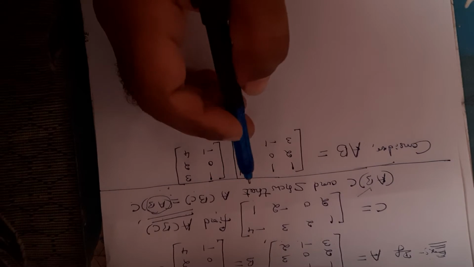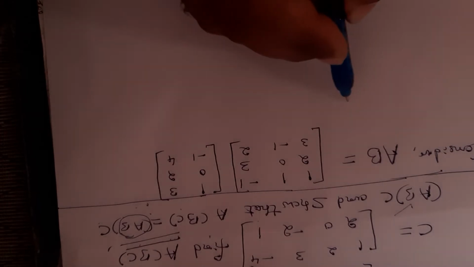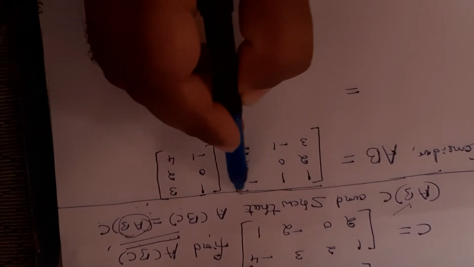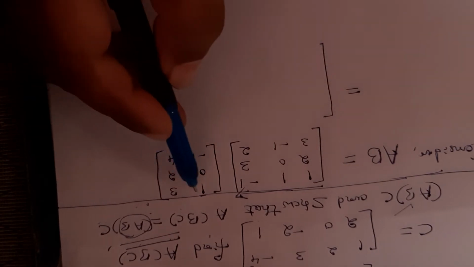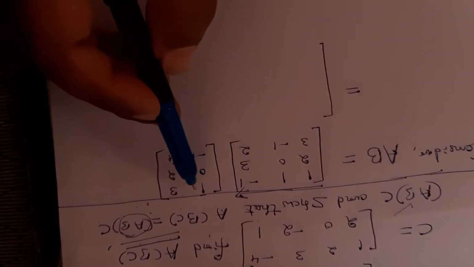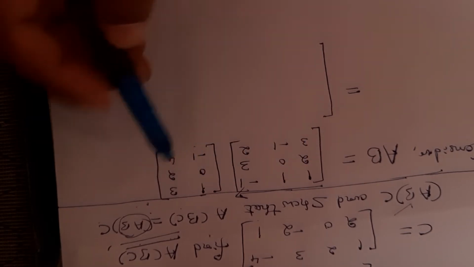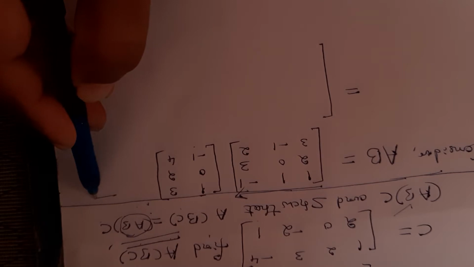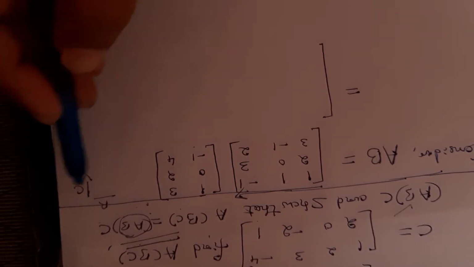We know how to multiply two matrices. Usually we start from the first row and consider the elements in the first column: 1, 1, minus 1, with 1, 0, minus 1. Here we begin with the row and consider the column.